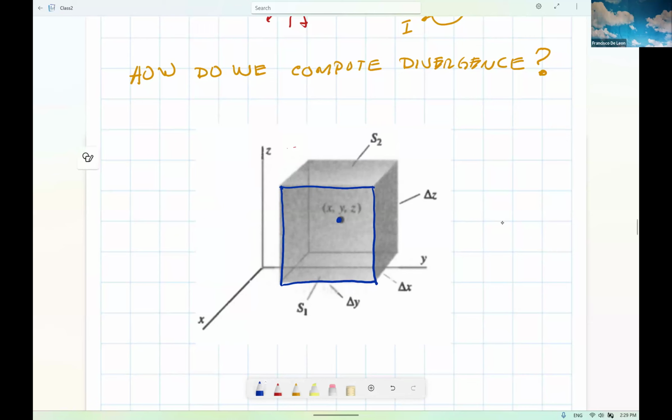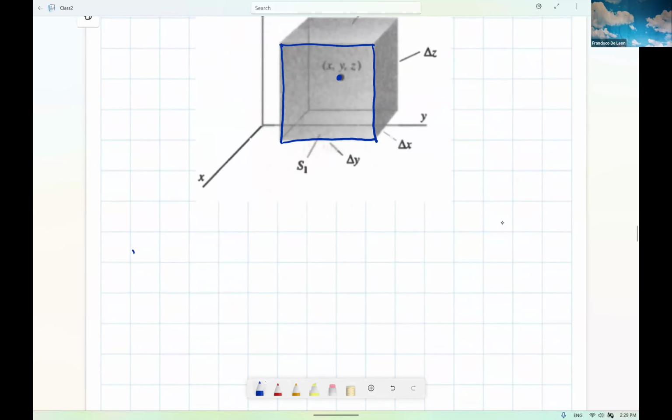But I need to do the integral of that surface. Integral, let me call it area 1, of the field, let's call it F. In this case, the field coming out is only Fx, the x component.